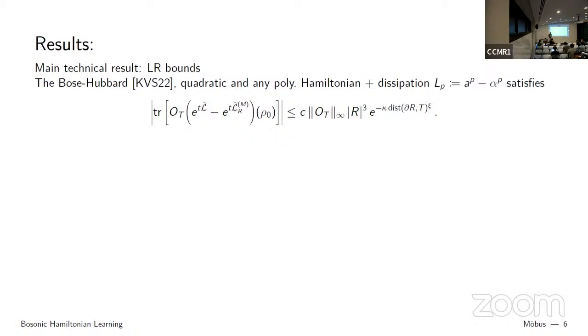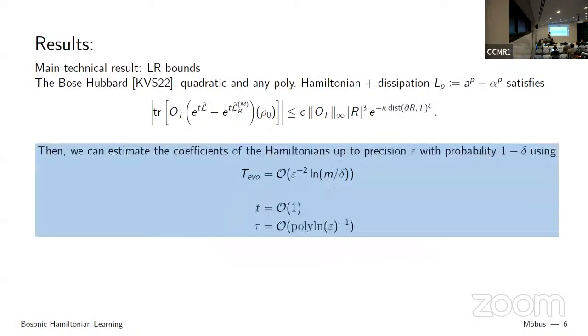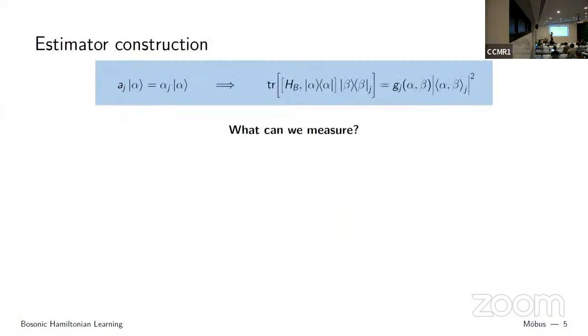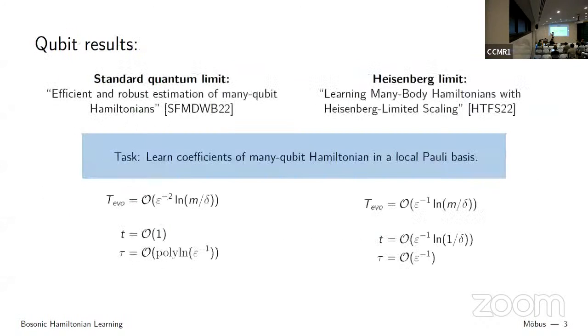I'm not sure. We're working on something using dissipation to achieve the Heisenberg scaling. I mentioned shortly the result by Yu Tong, where, first I go back to the qubit case, the bosonic learning result for the Heisenberg scaling has an M, which is system size dependent, and by using dissipation, you can erase this M, so that you have a similar result for the qubit case.